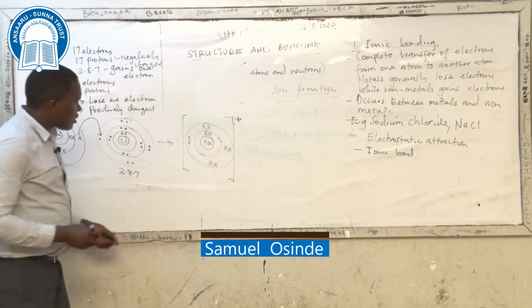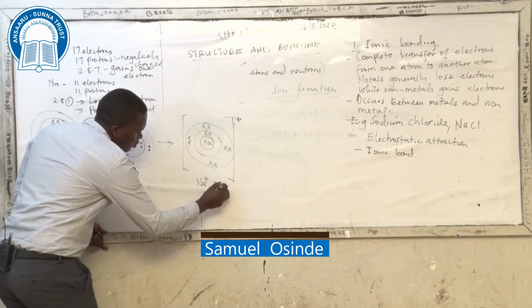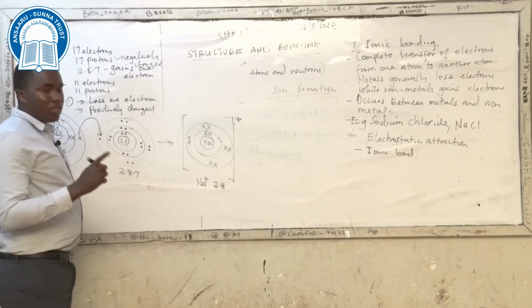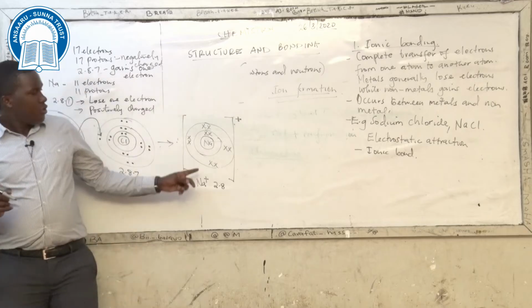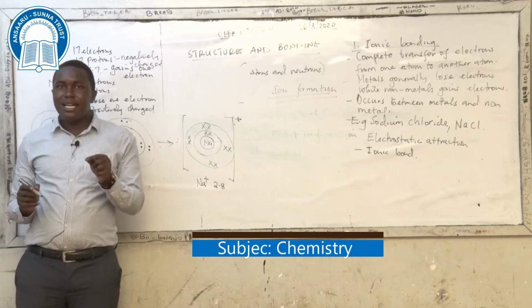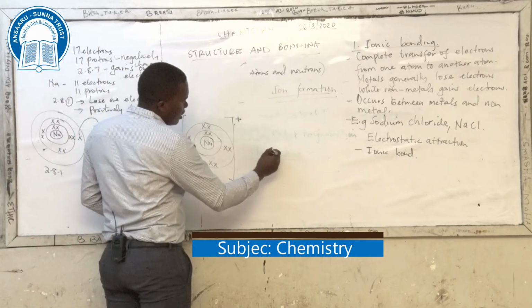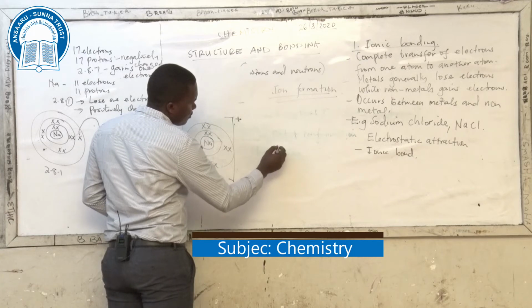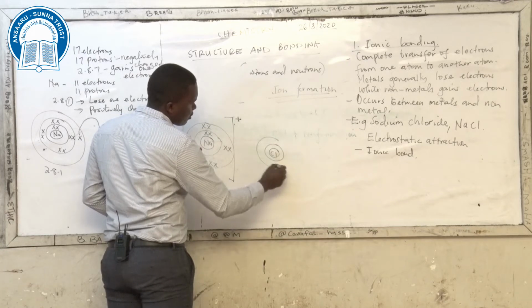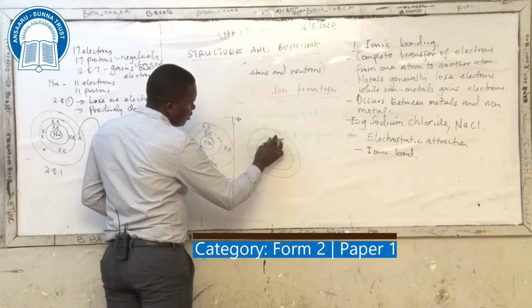So this one is now the sodium ion, with 2, 8. It has lost 1 electron. That is why you can see now it has got a positive charge, because now electrons are less than protons by 1. Then you also have a chlorine ion, chloride ion.